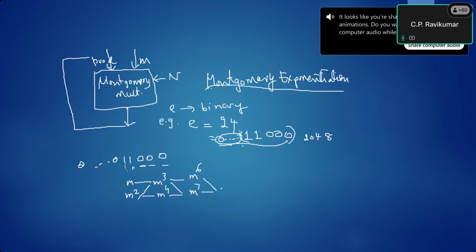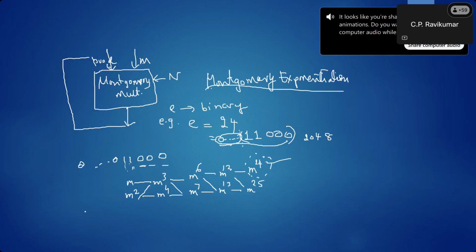So m to the power 13, and m square. In the end, we again get m to the power 25 and m to the power 20. So we do two things, and finally the answer will be here.